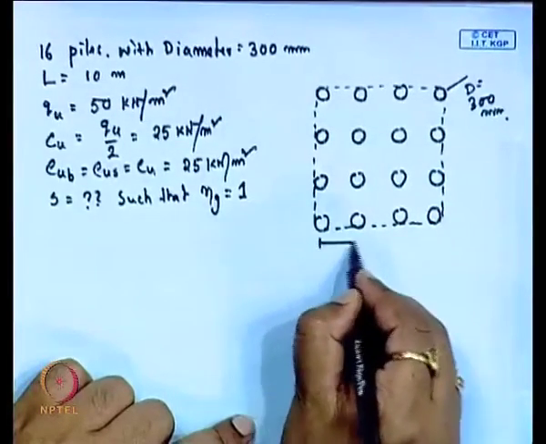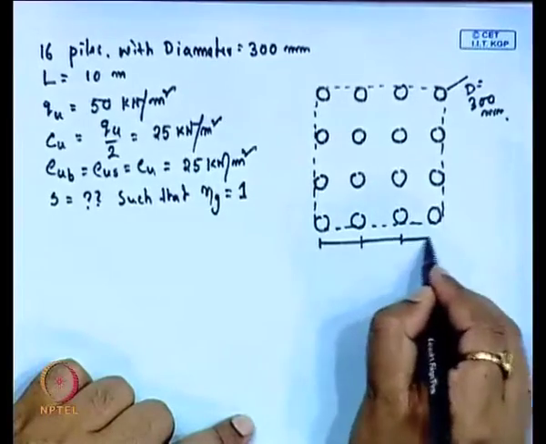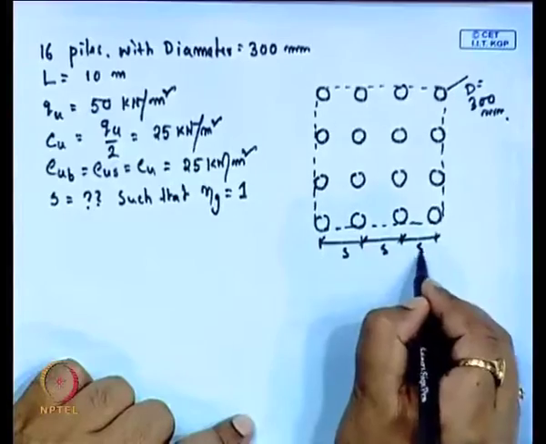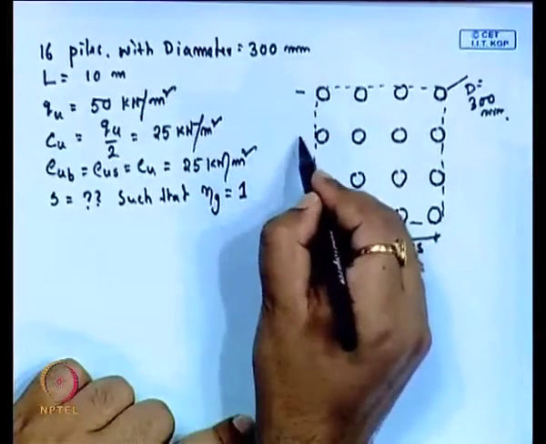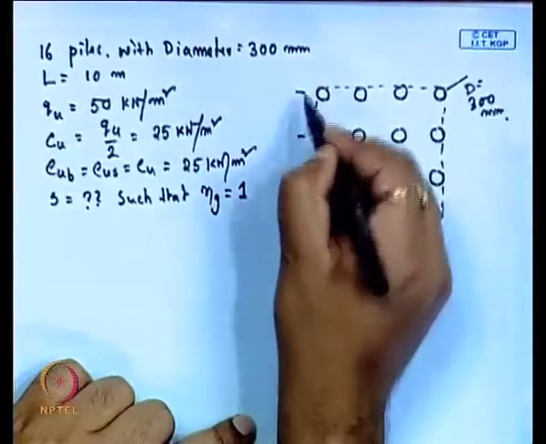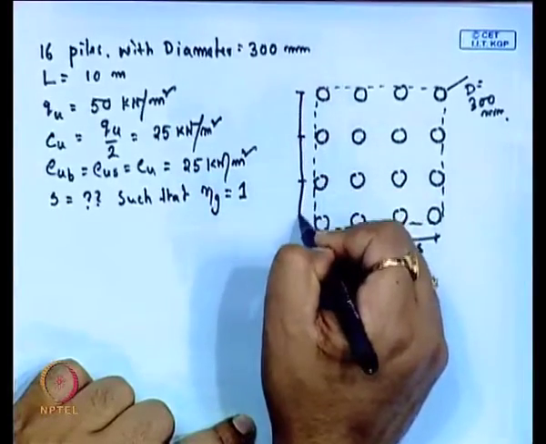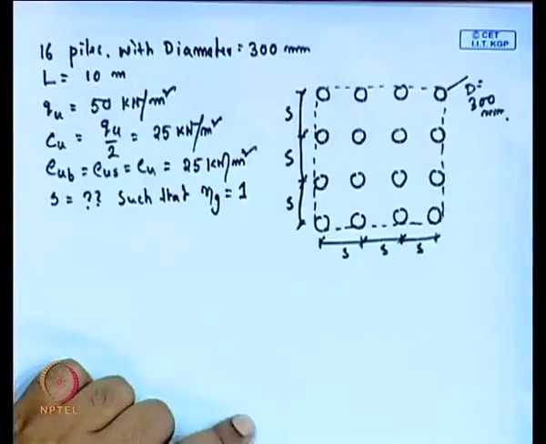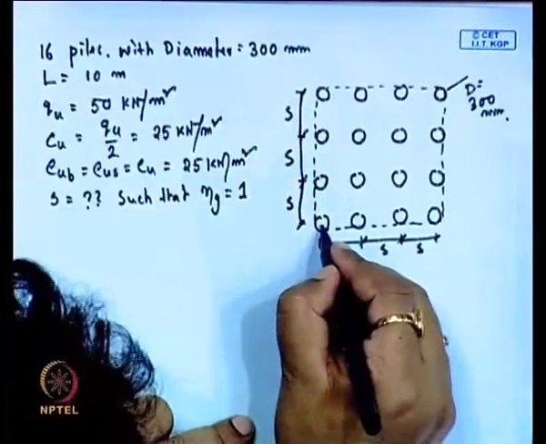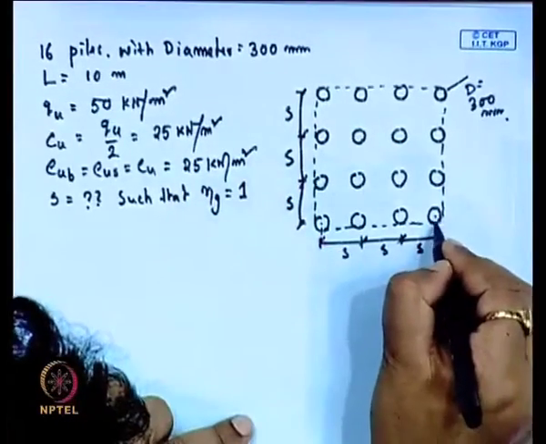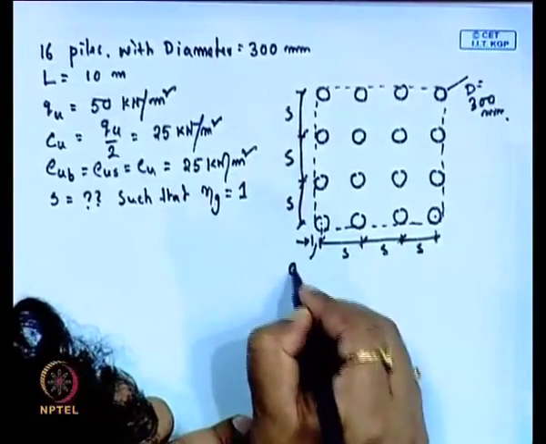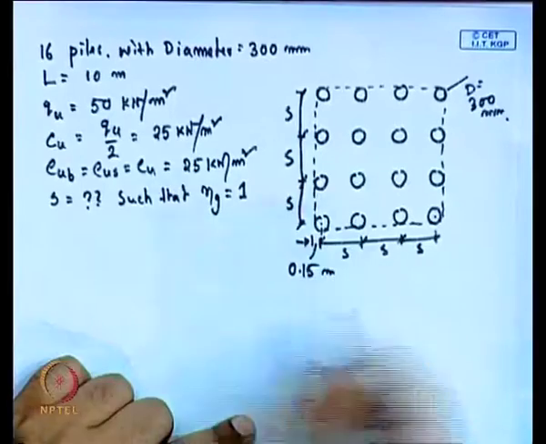Suppose we consider this is the spacing between the piles, this is S, and similarly this one is also S, this is S, this is S, this is S. Now, this is the center of each pile, so the distance from this center to this edge is 0.15 meter.